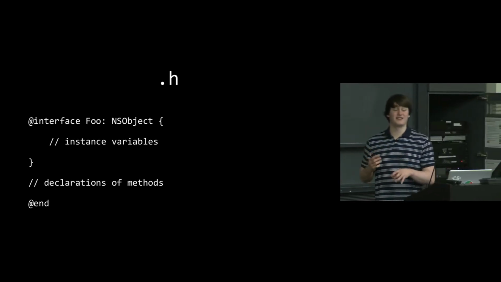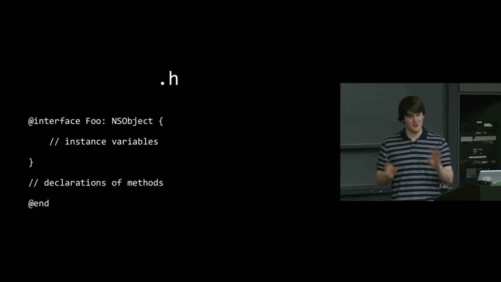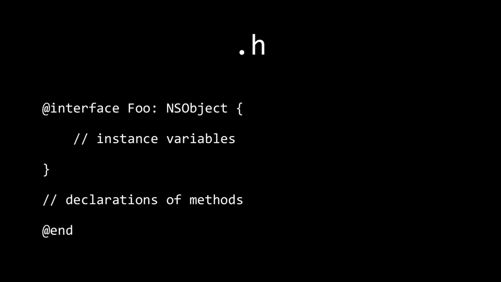But we'll see later this thing, protocols, and those are going to be more like the interfaces you're used to in other languages. So in .h files, we have this @interface, and the @, as usual, tells us it's Objective-C. So @interface, and this class is going to be called Foo, and then this colon indicates the class that we are inheriting from.